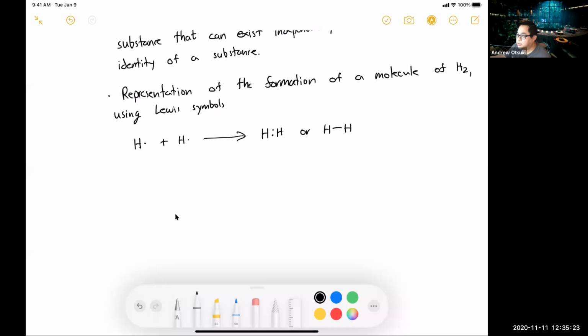Okay, so now we're going to talk a little bit more about the covalent bond here.